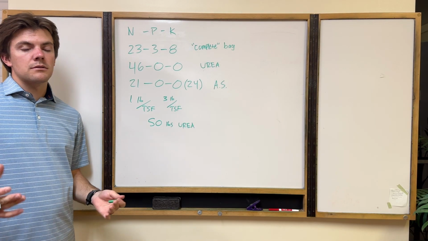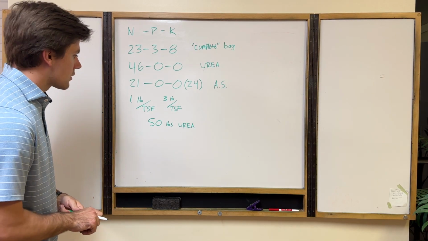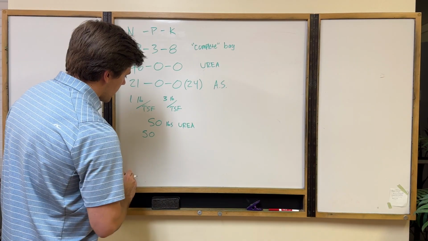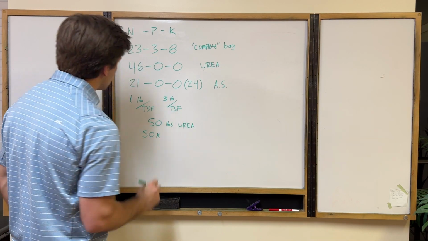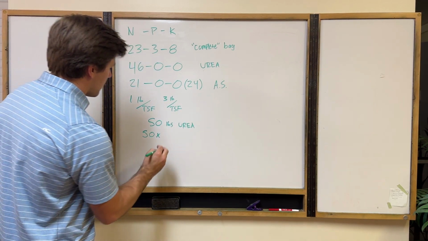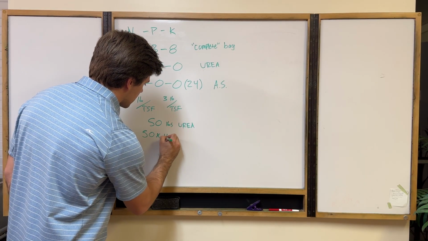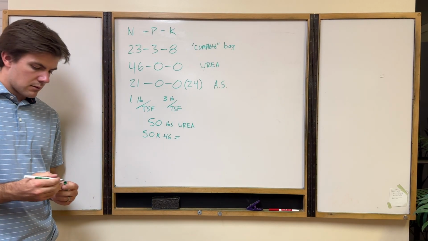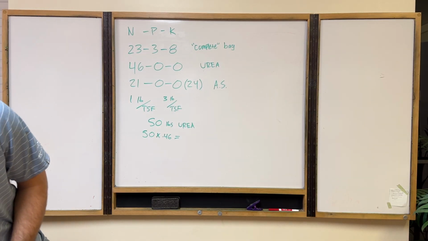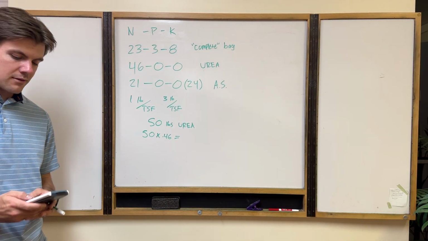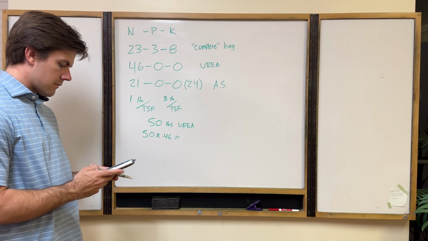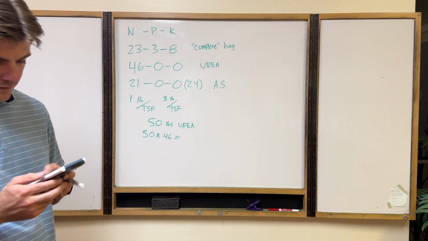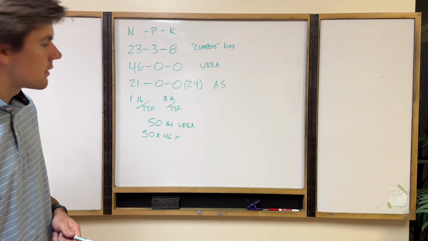If you want, you can pause the video and go through it on your own, but I'll just really quickly go over how to do this. You're going to take that 50 pounds and multiply it by 0.46. Let me get my calculator out. That gives you 23 pounds of nitrogen.